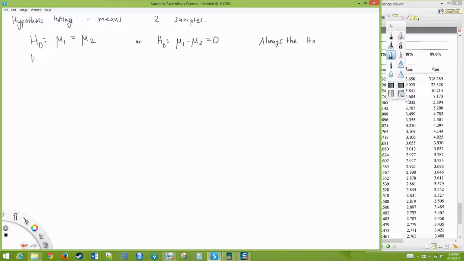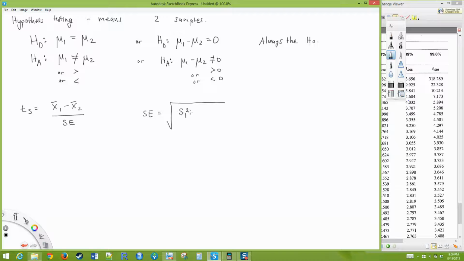The alternative will be mu1 not equal to mu2, or greater than or less than, which parallels what we did over here. The test statistic is x bar 1 minus x bar 2 divided by the standard error, and the standard error is the square root of s1 squared over n1 plus s2 squared over n2.